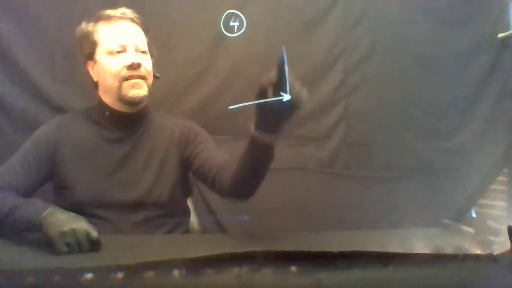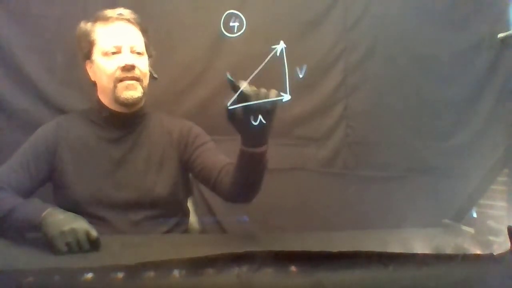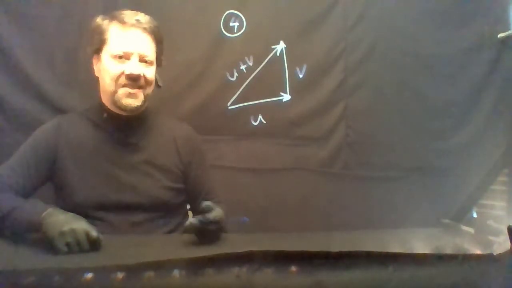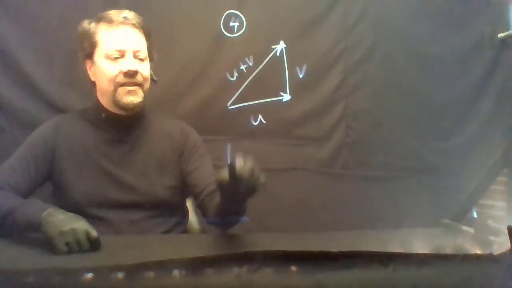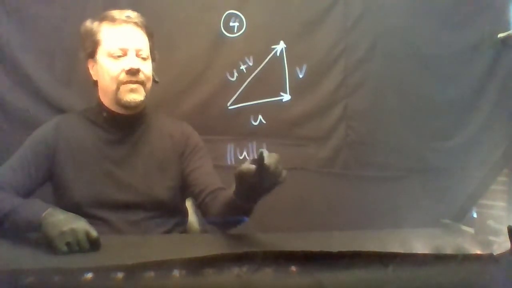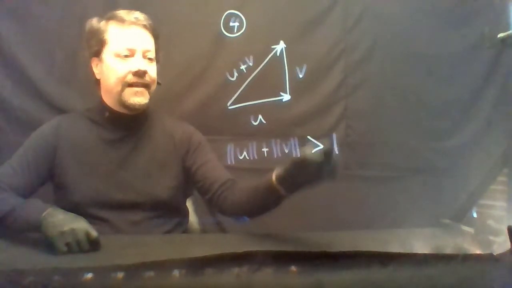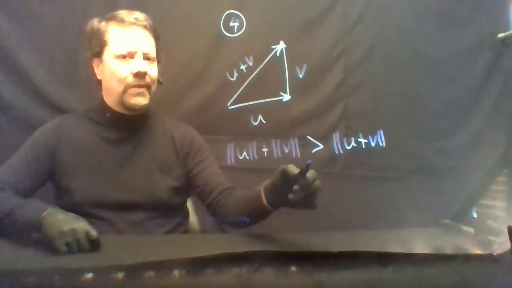On property 4, one way to view this is as follows. If you have u and v, we can make a side u plus v forming a triangle like this. One of the principles from high school geometry was that if you add up the lengths of any two legs of a triangle, what you get is greater than the length of the remaining leg. Now this is a strict inequality.